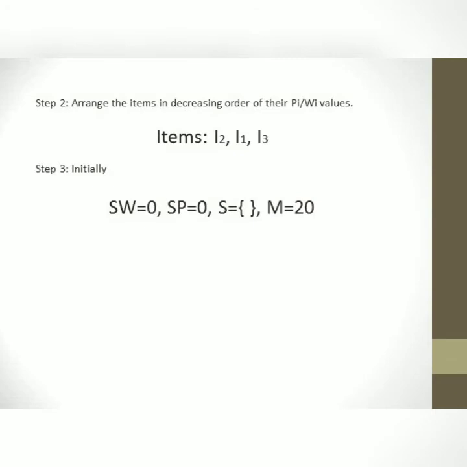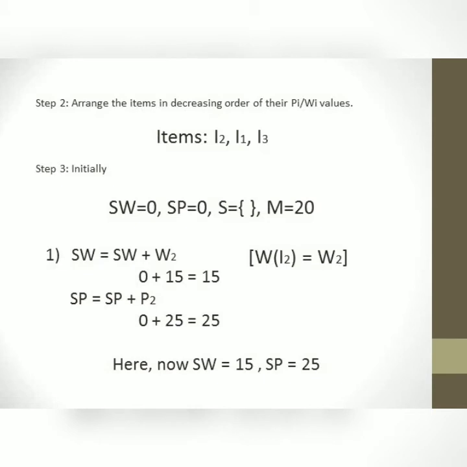So we can start now, based on this order of items, and keep adding the items. SW is the current weight of the sack. Initially, we add I2, so the total weight will be 0, the current weight, plus the weight of the item we are adding, which is 15 for I2.